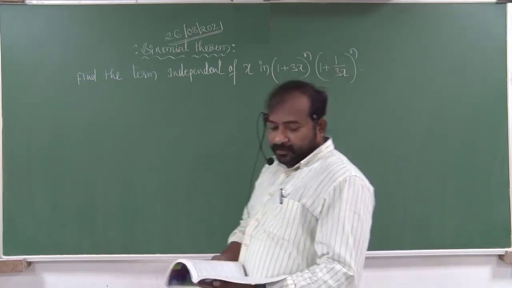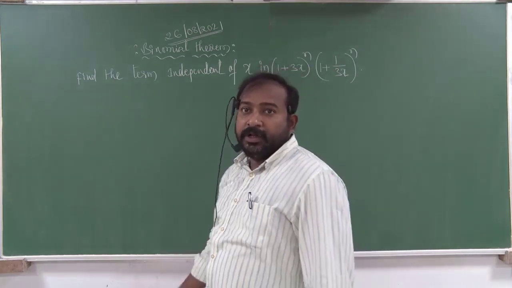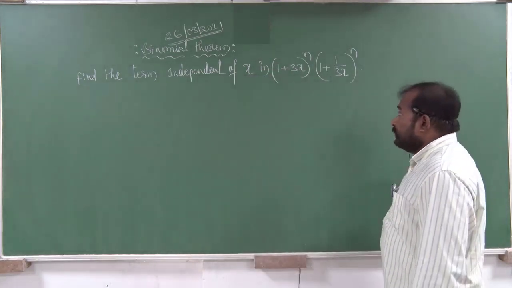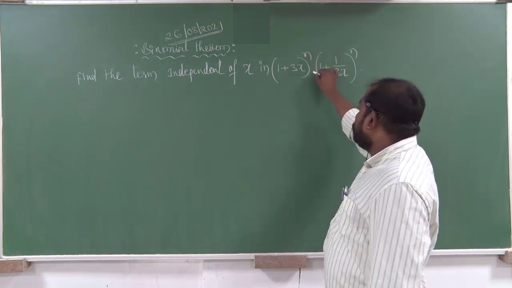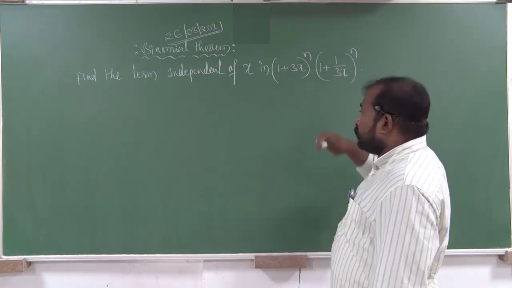This is the expansion. Find the term independent of x in the expansion (1 plus 3x) whole power n into (1 plus 1 by 3x) whole power n.